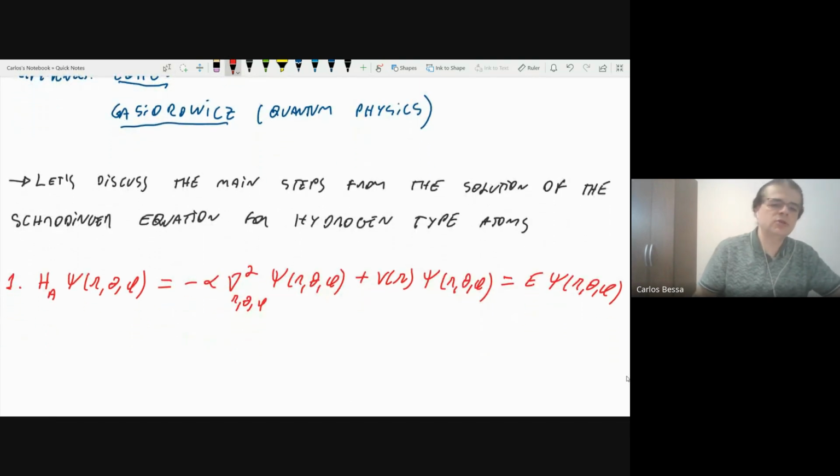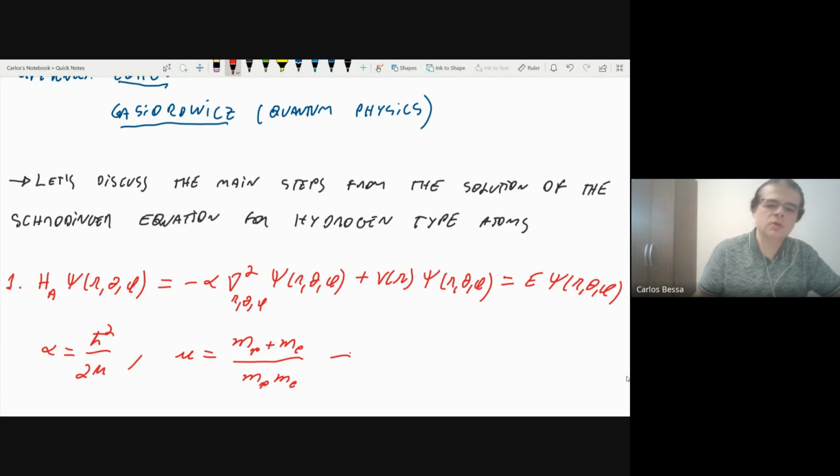Is this alpha just defined here as being h bar squared over 2 mu, where mu is what I call the reduced mass? It's the mass of the proton times the mass of the electron divided by the mass of the proton plus the mass of the electron.